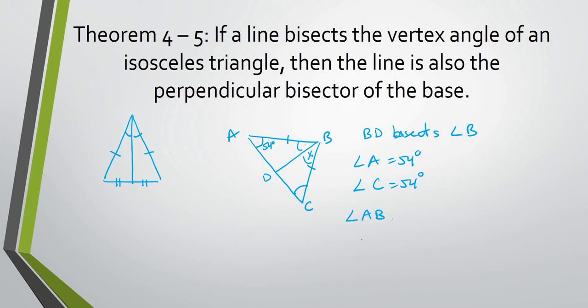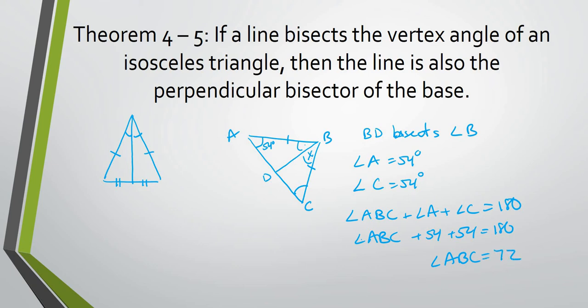Angle ABC plus angle A plus angle C all have to equal 180. So angle ABC plus 54 plus 54 equals 180. Angle ABC equals 72. And then to find x, since BD is a bisector, x has to equal 36 degrees.